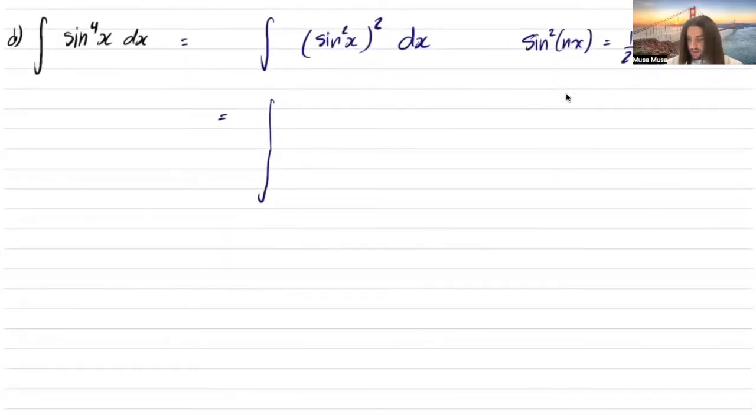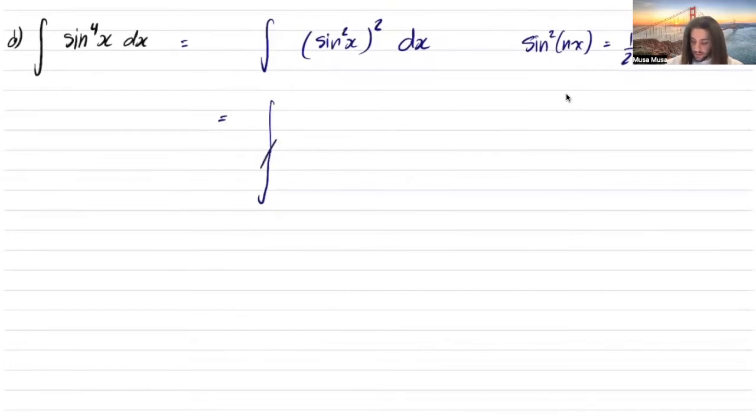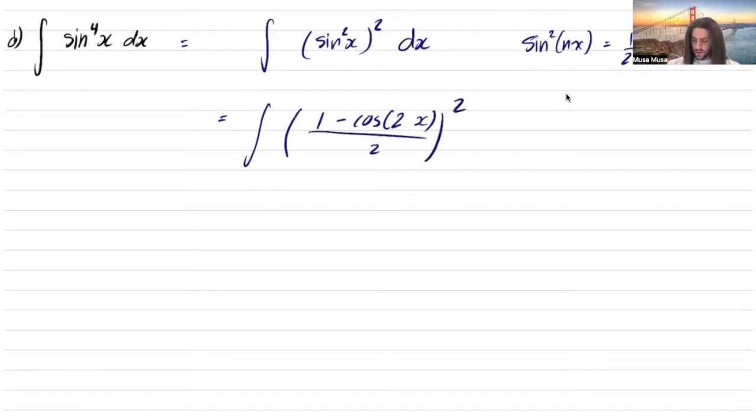So from this, we're just going to say the integral of, and then replace that sine squared x with 1 minus cos of 2x over 2, all squared dx.